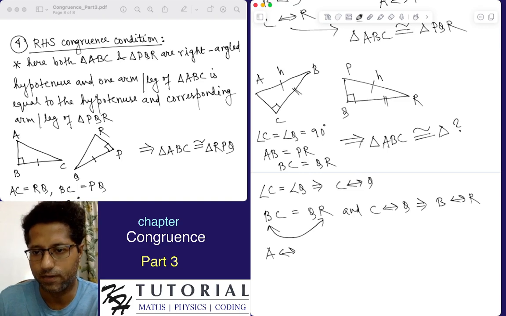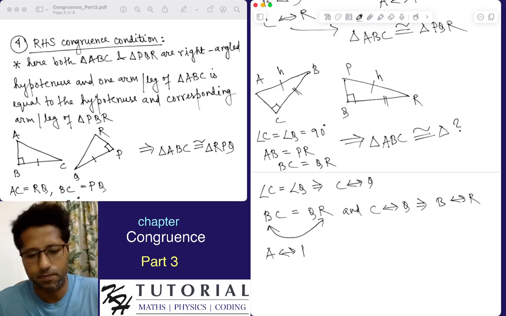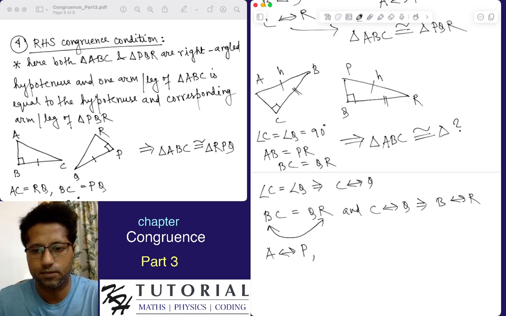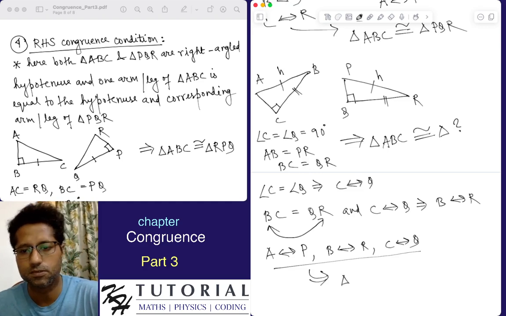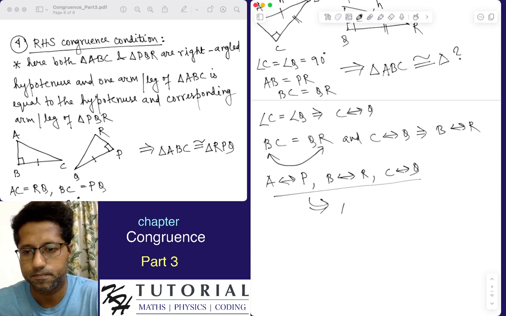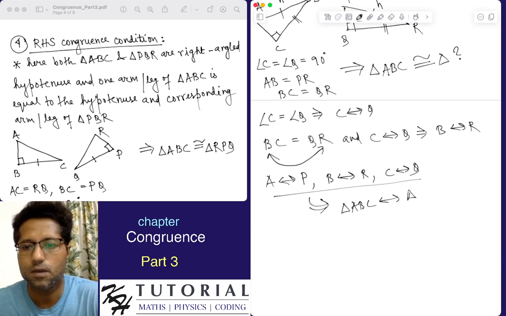So we can automatically know the mapping of vertex A, which will be P. So we have A mapped to P, B mapped to R, and C mapped to Q. So this implies the mapping ABC as PRQ.